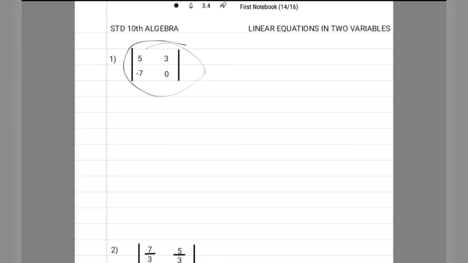As I said, we have to cross multiply the terms and then subtract them. So 5 into 0 minus 7 into 3. Let's see what is the value of this determinant. So the value of the determinant is equal to 5 into 0 minus 3 into minus 7.